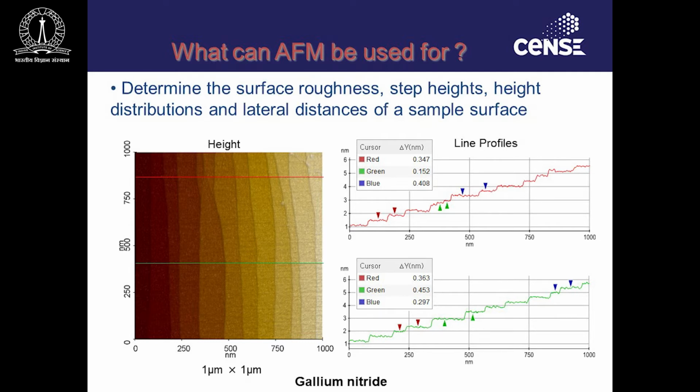These lines are shown here. This is the top view, this is the side view, this is the cross-sectional view. You can see there is a difference in height. There are many analysis softwares available. Using these softwares, you can put these cursors accordingly and see what the height difference is.